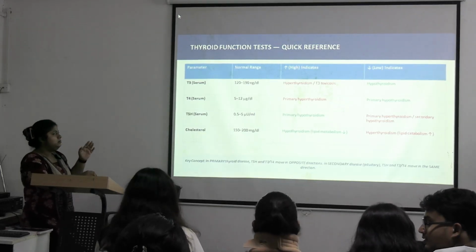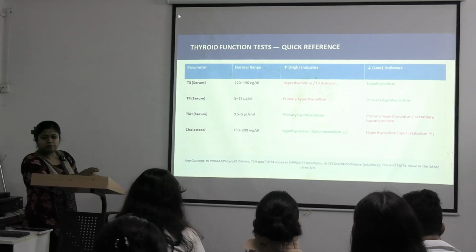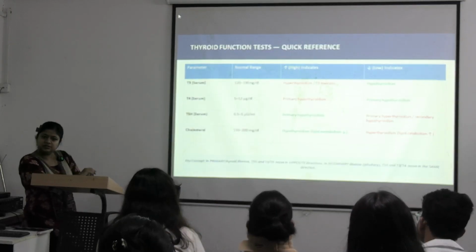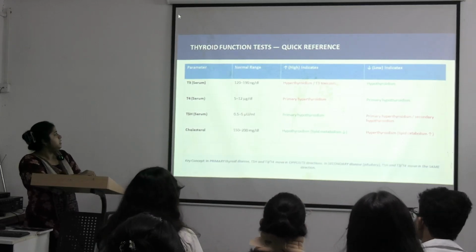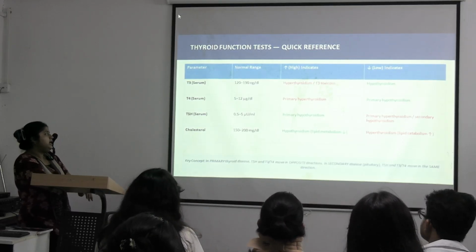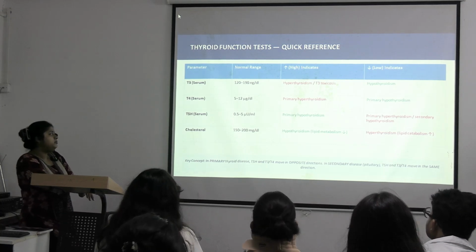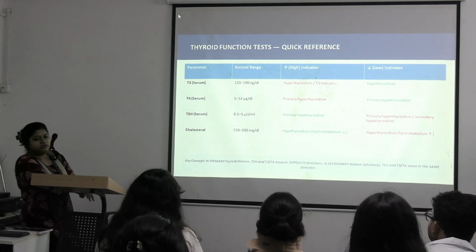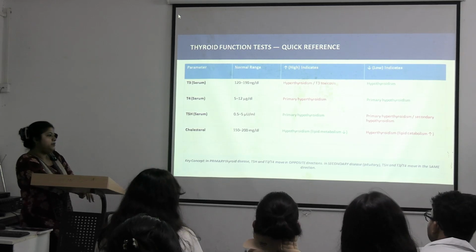The values can change if the unit changes. T3 value is 120 to 190 nanogram per dl, T4 is 5 to 12 microgram per dl, whereas TSH is 0.5 to 5 micro unit per ml.